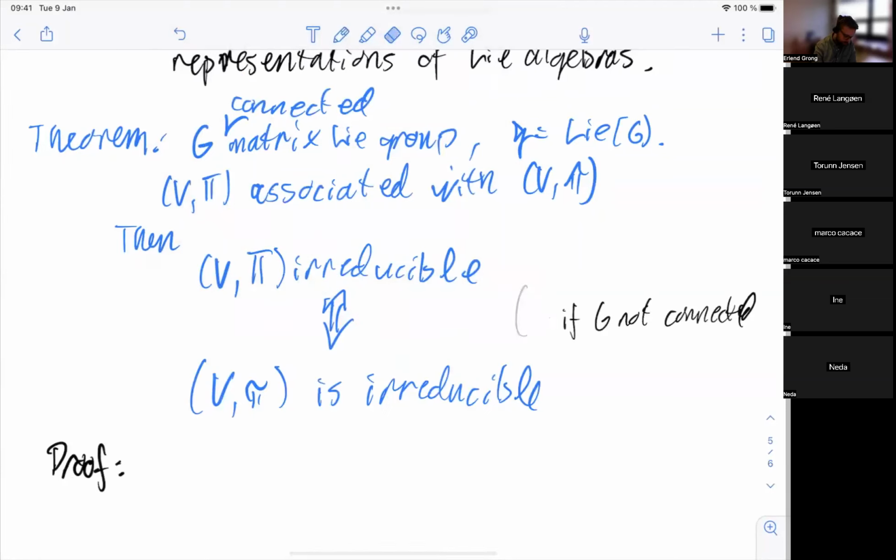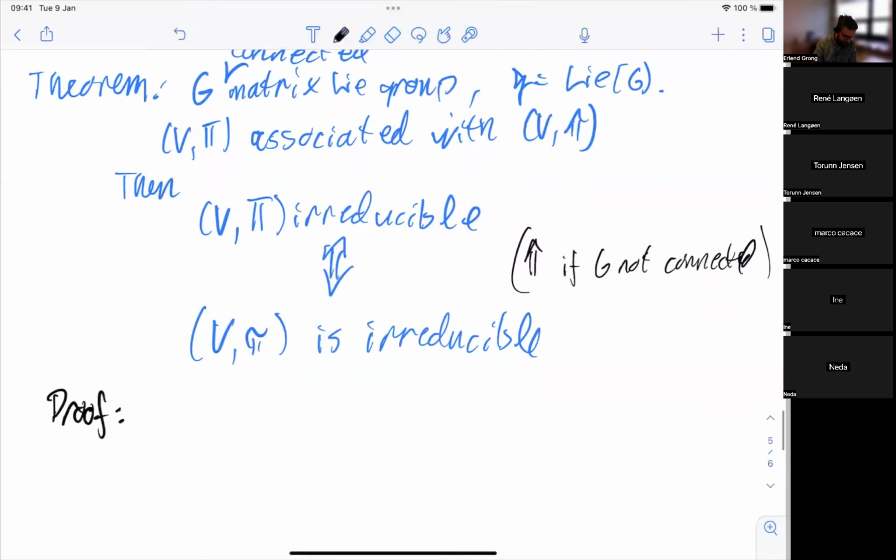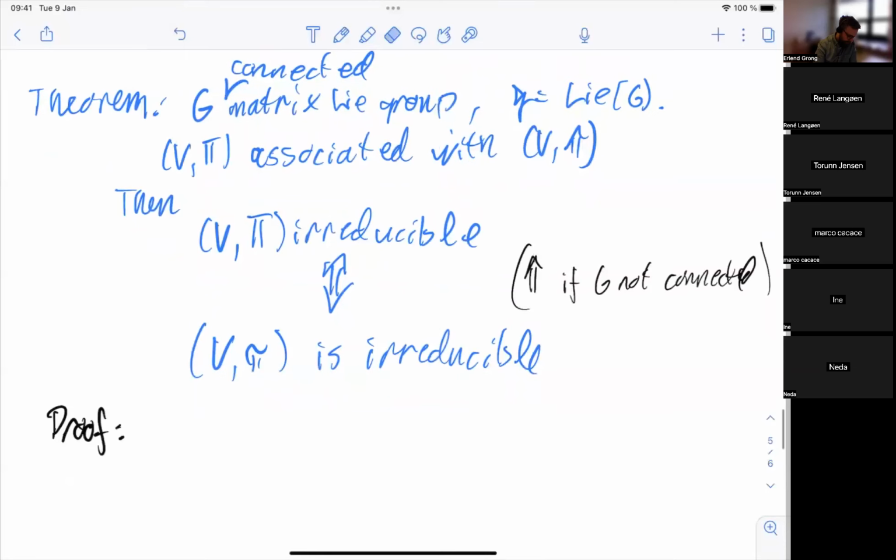No, the other way around, sorry. So invariant here means invariant here. But they are equivalent when G is connected, and why is this the case?